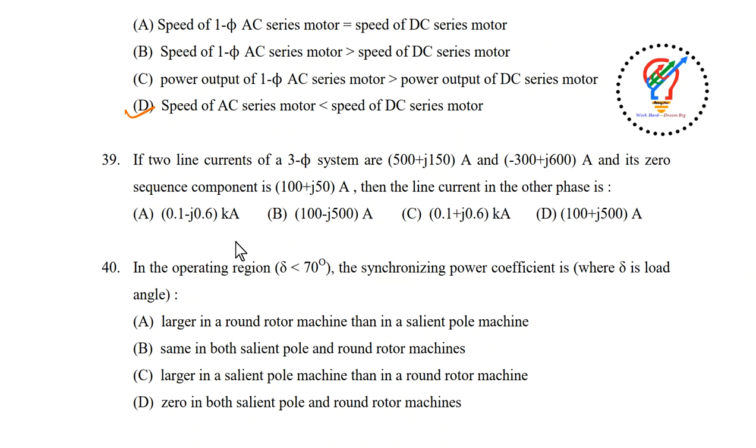The formula is I0 = 1/3 (IA + IB + IC). These are the two phase currents, and the zero sequence current is given. Substitute the values here and find the value of IC. We get 0.1 + j0.6 kilo amperes. So the answer will be C here.